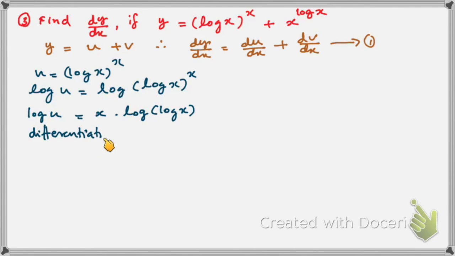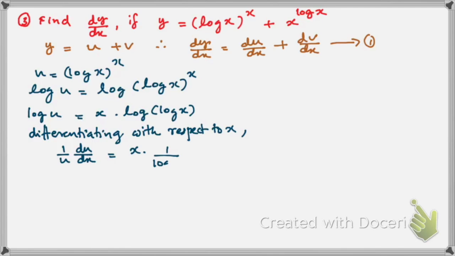I say differentiating with respect to x, the log u derivative is 1 by u into du by dx, is equal to, the right hand side is the product rule, x into log of log x. x is the first function and log x is my second function. So first function x into the derivative of log of log x.